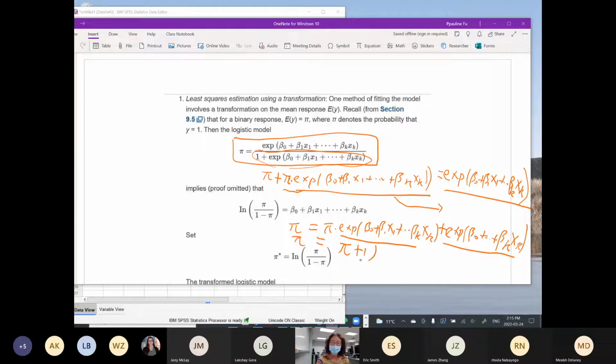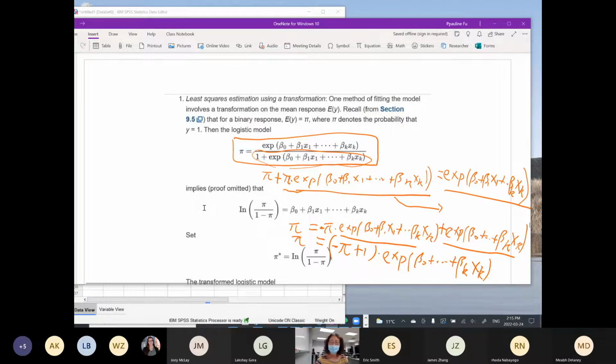Pi equal to, those two are like terms. Collect like terms. When I move this pi to the right-hand side, it becomes negative pi here. So (negative pi plus 1) times exp(beta 0 plus ... plus beta k xk).